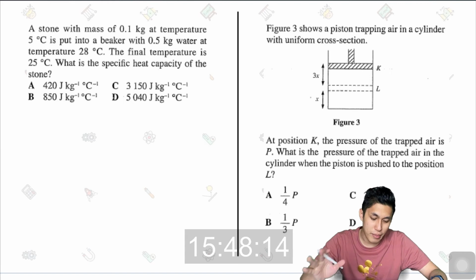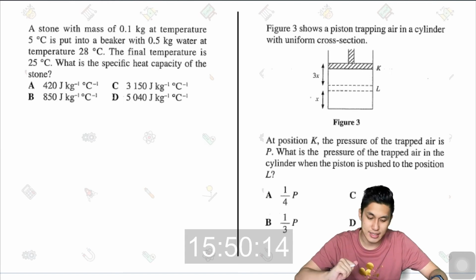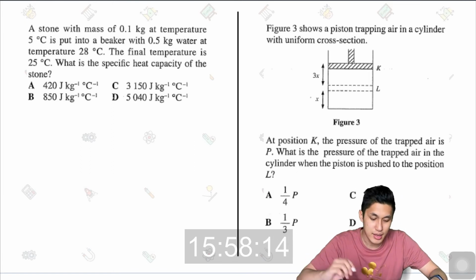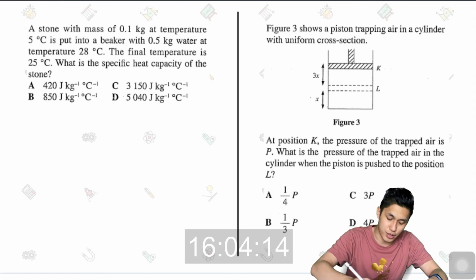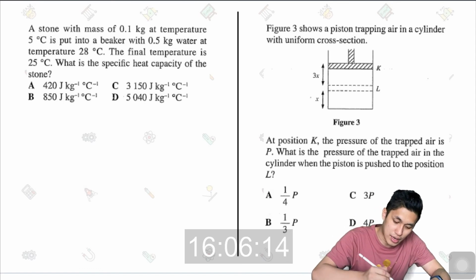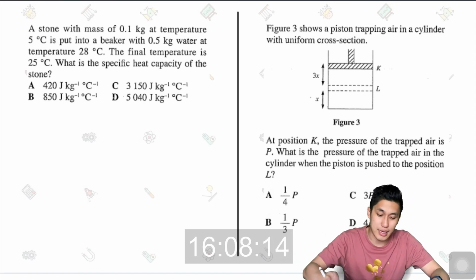Next, a stone with mass of 0.1 kg at temperature 5 degrees Celsius is put into a beaker with 0.5 kg water at temperature 28 degrees Celsius. The final temperature is 25 degrees Celsius. What is the specific heat capacity of the stone? So, this is very easy, mc theta equals mc theta, right?